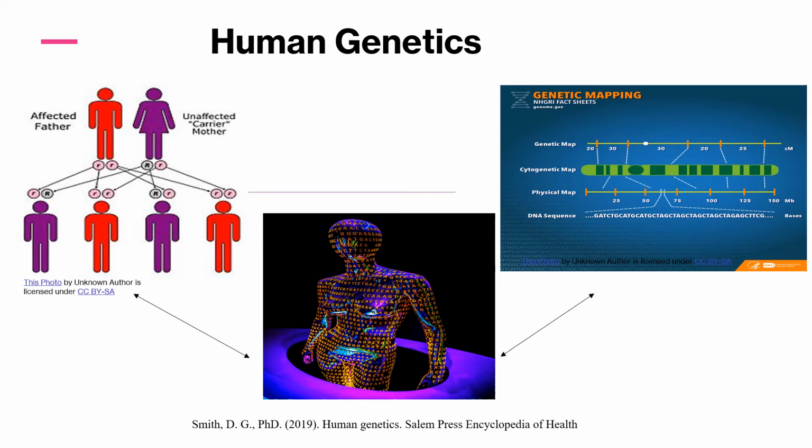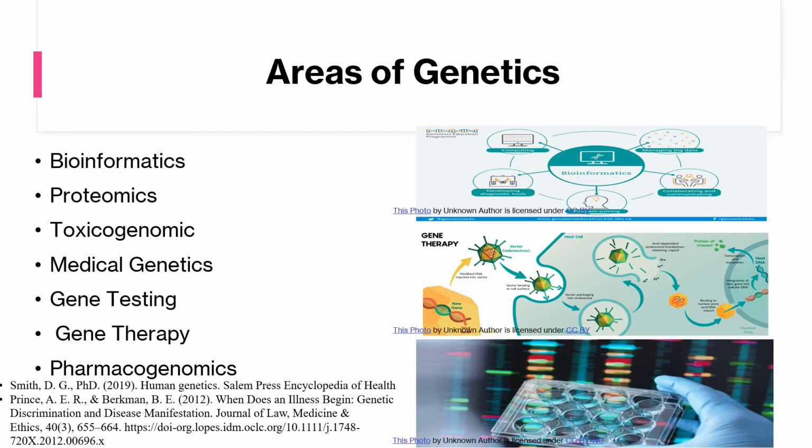Let us turn our focus to other areas of genetics that can be credited by the Human Genome Project. There are several areas of genetics that we can credit the Human Genome Project for creating.